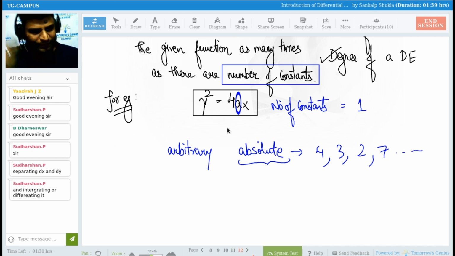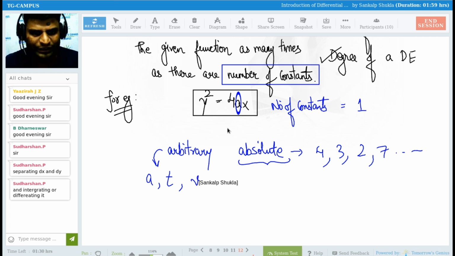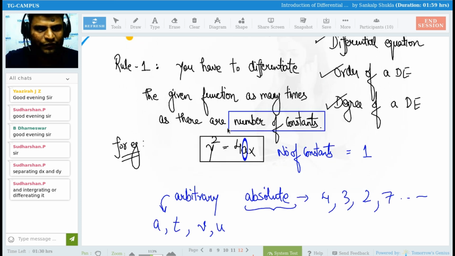Okay, 3/2, 8/5. So these are absolute constants. Arbitrary constants are the constants that are a part of the equation. For example, a, t, v, u, like this. So there are 2 types of constants. So I should rather write it as number of arbitrary constants. Okay. So the first rule is clear.